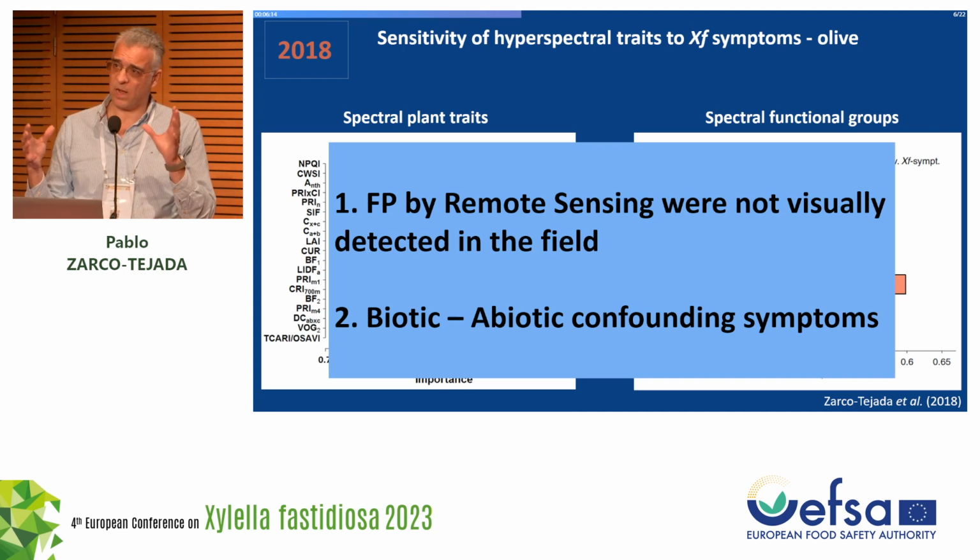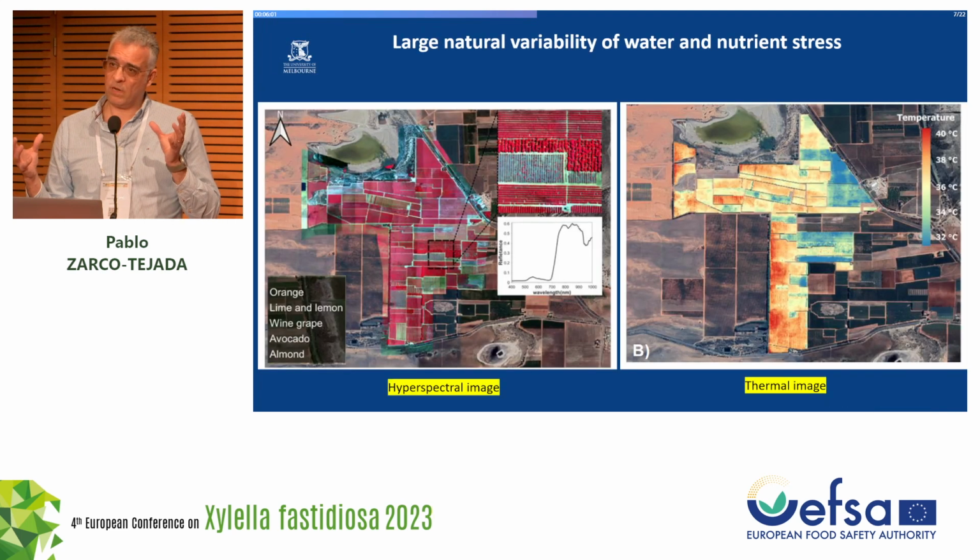Secondly, we identified a very important problem, which is the biotic and abiotic confounding symptoms, particularly in vascular pathogens where water stress plays a very important role. That is a bit of common sense if we are talking about thousands of hectares that we fly. On the right-hand side, the thermal image of a mosaic of more than 1,000 hectares shows the natural variability due to water stress.